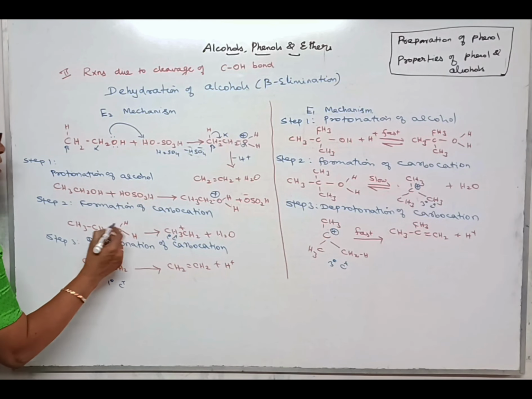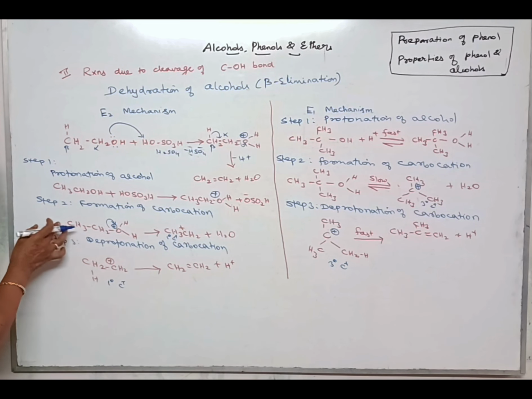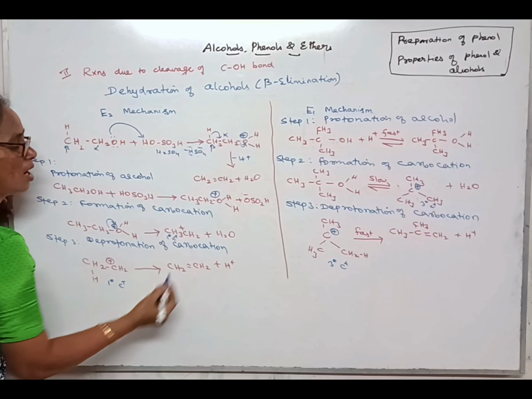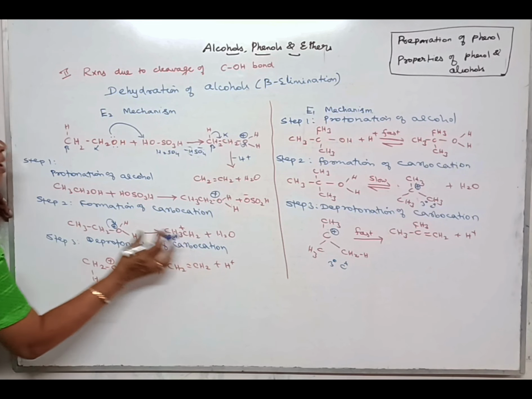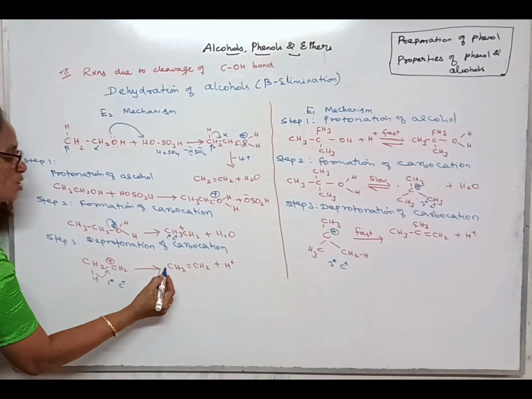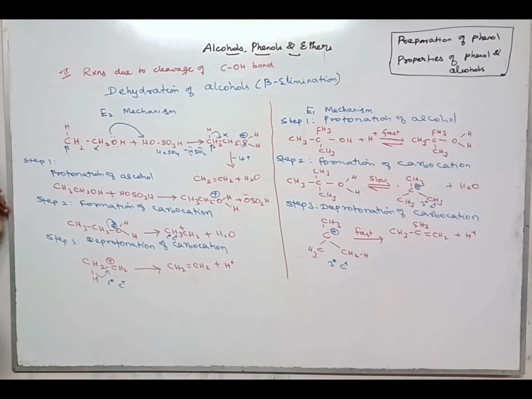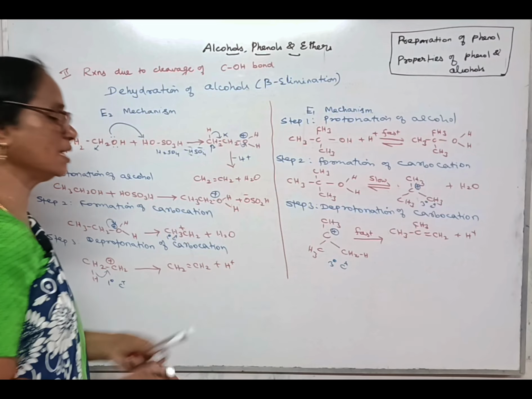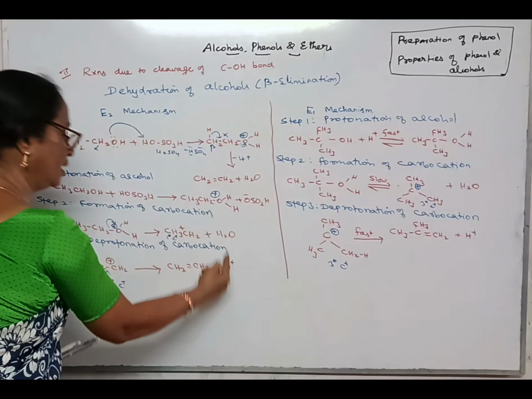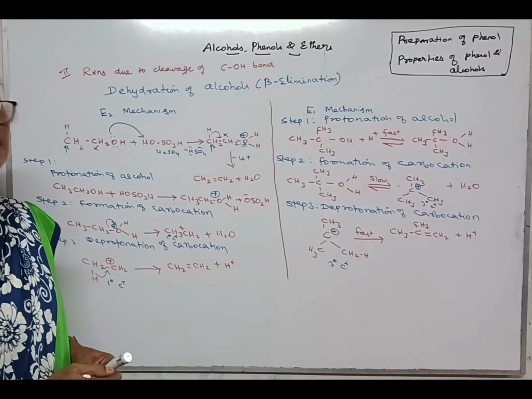But just for knowing, we are writing the elimination of water from the protonated alcohol, which forms a primary carbocation. From the primary carbocation, the proton is eliminated, so we get alkene with H+. The H+ is the catalyst. So once again, the H+ that was abstracted is regenerated.